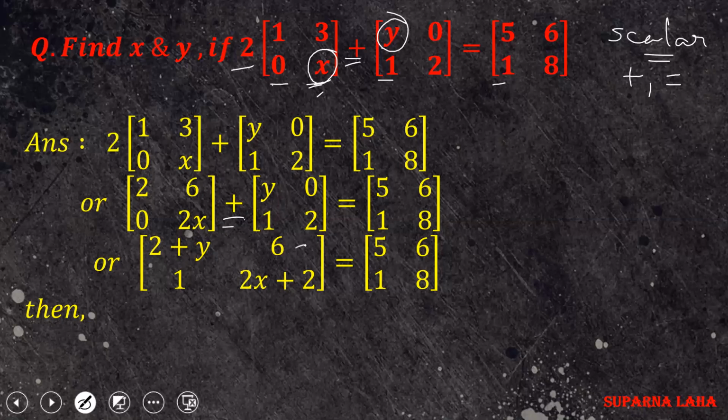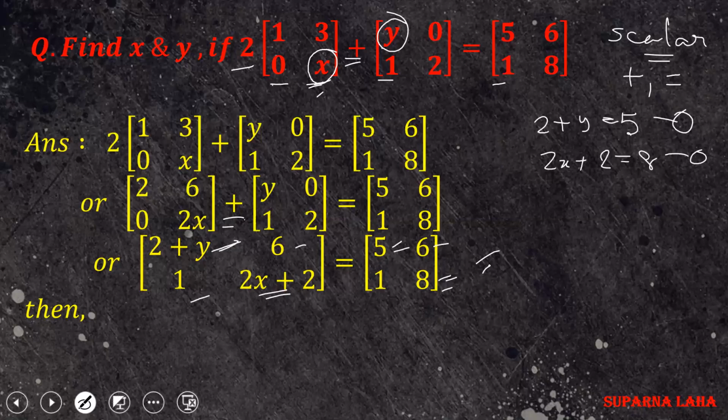That means 6 equals 6, 1 equals 1, and 2 plus Y is equal to 5, and 2X plus 2 is equal to 8. So we got these two equations from this equality.